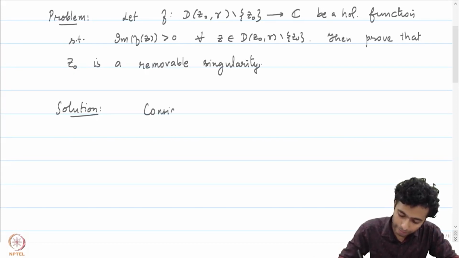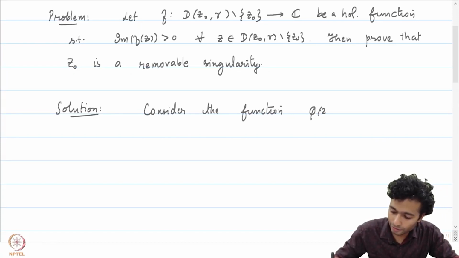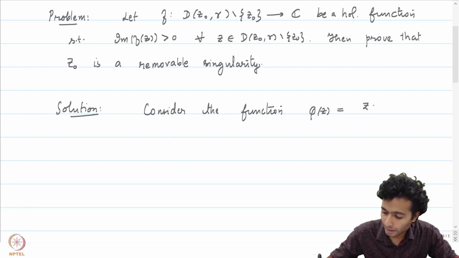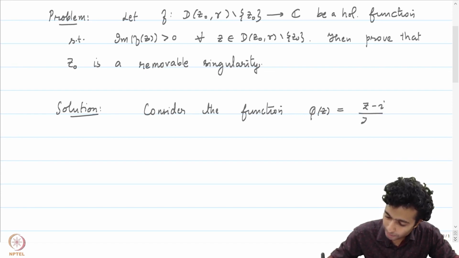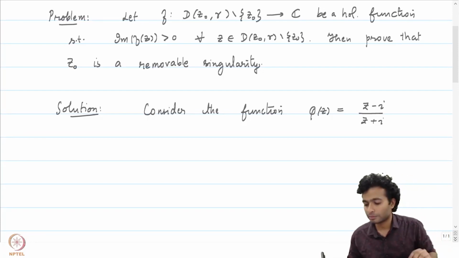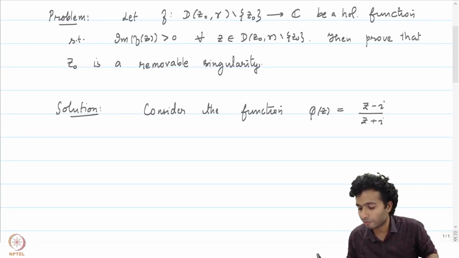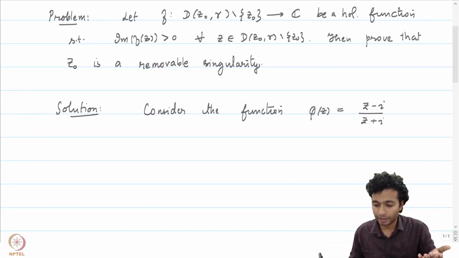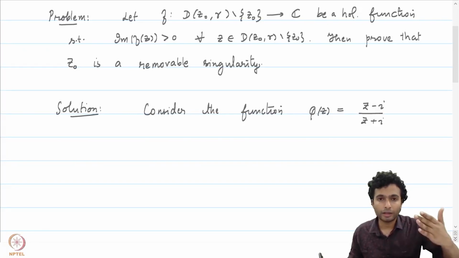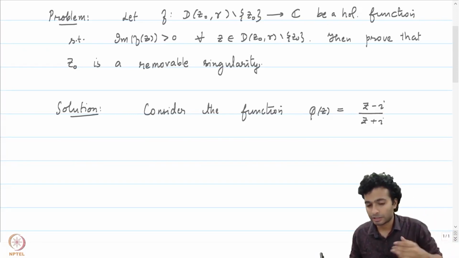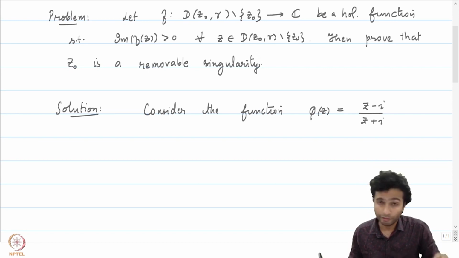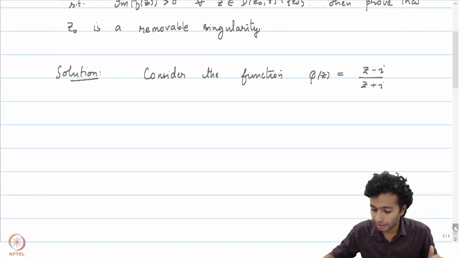Consider the following map. Consider the function, the Mobius transformation phi of z, which is given by (z minus i) by (z plus i). So if you notice, this Mobius transformation is holomorphic away from minus i. In particular, in the set of all z such that imaginary part of z is greater than 0, where minus i does not belong, this function is holomorphic, and we know that it can be inverted there.